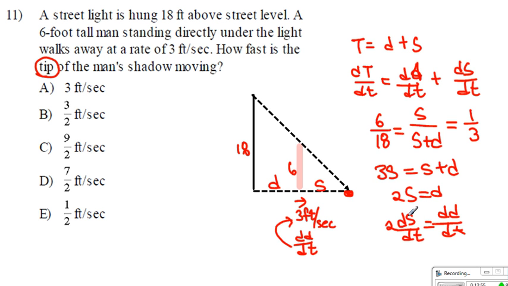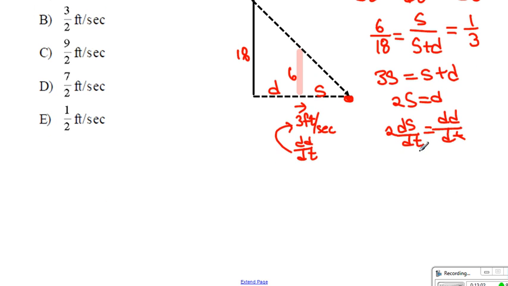So at this point, the man, dd/dt, is walking away 3 feet per second. So ds/dt equals simply 1.5, by dividing by 2 on each side.